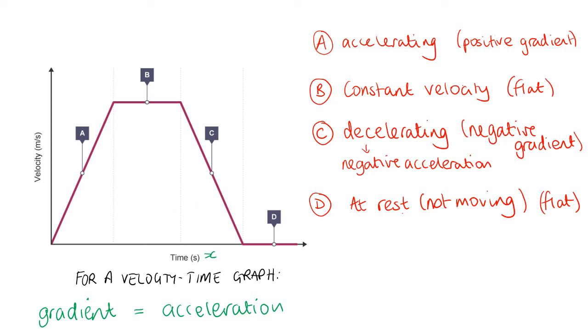Now, the next thing we're going to have a look at is what the area under the graph would be equal to. If we were to take this part of the graph just here, I'm not very good at drawing these straight lines, so I'm going to draw this rectangle in just here.